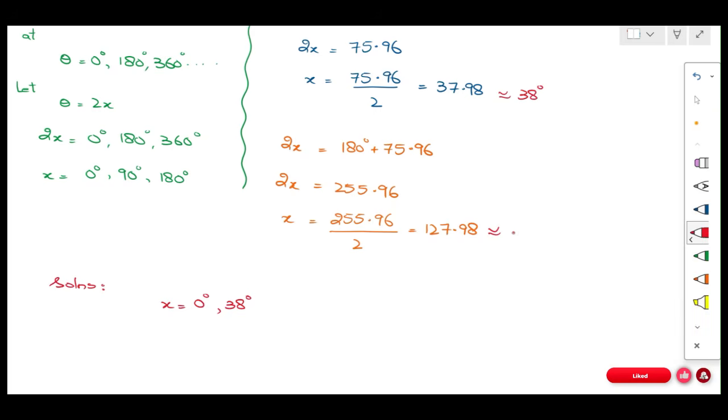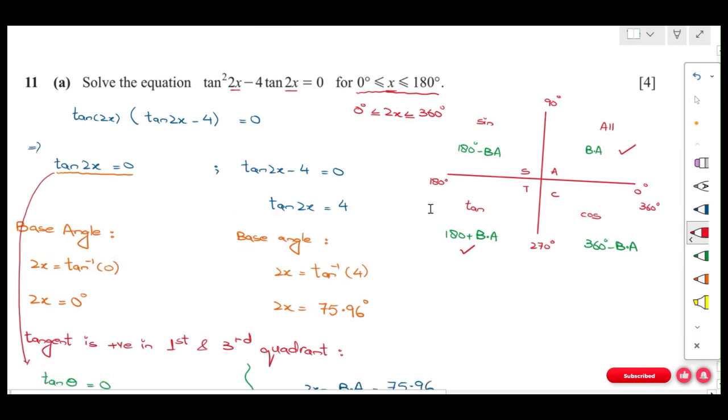Then 90 degrees, and I want to round this to 128 degrees, and then 180 degrees. All these x values are in the range 0 less than or equal to x less than or equal to 180 degrees. So these are the 5 solutions for this equation.